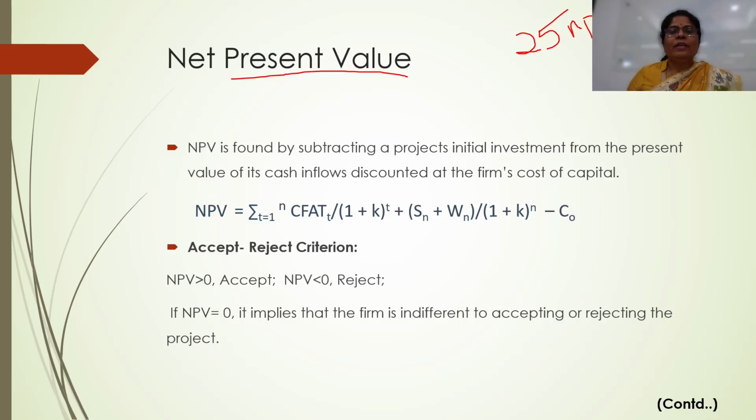If you see 25 paise, the present value of 25 paise is 0 because we can't buy anything. Even the present value of 50 paise, we can't buy anything. Today 10 rupees value is 10 rupees. Probably in future, we may not get the same product at the same 10 rupees.